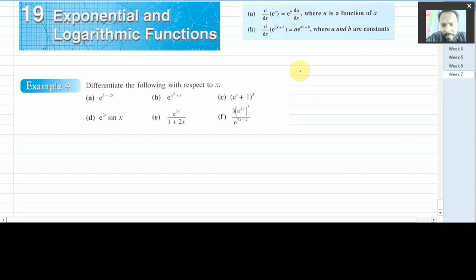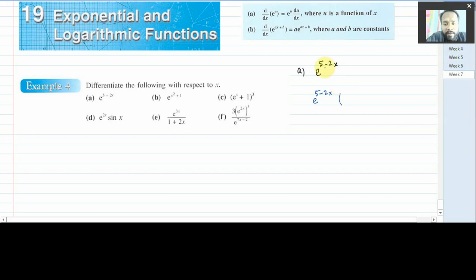So example first part, it says differentiate e to the power 5 minus 2x. All right. The differentiation of exponential is exponential. That means I'm going to write down e to the power 5 minus 2x. But then we need to differentiate its power.